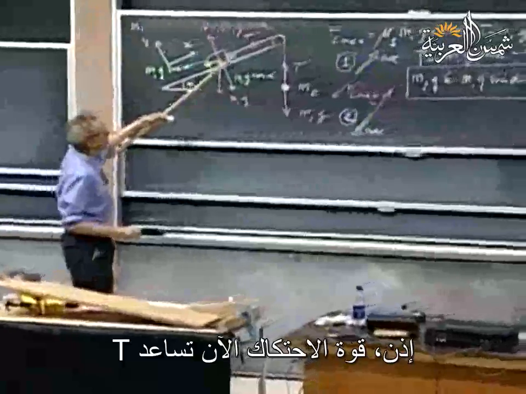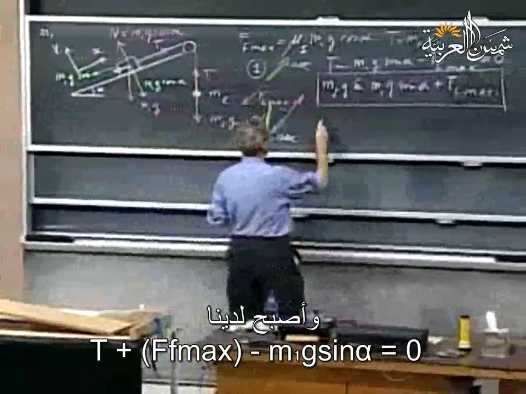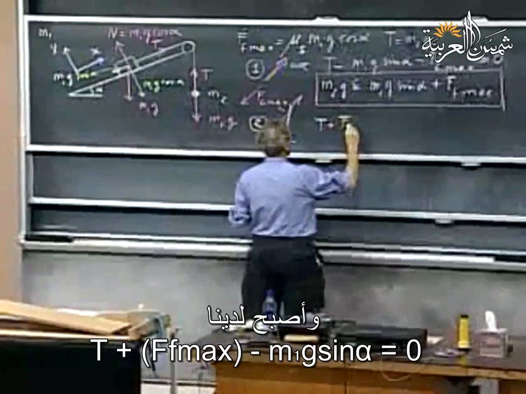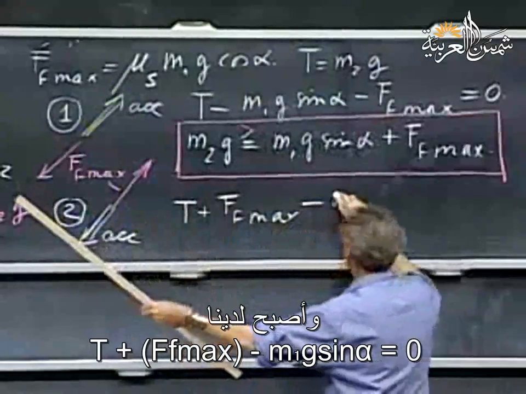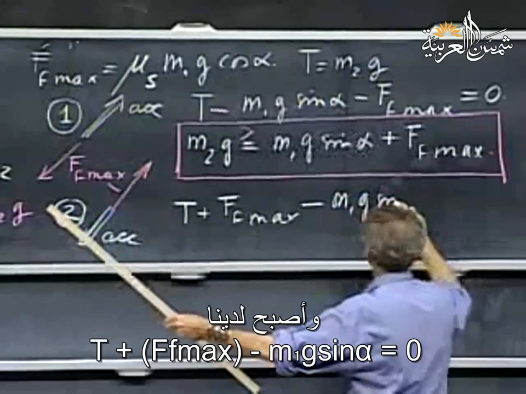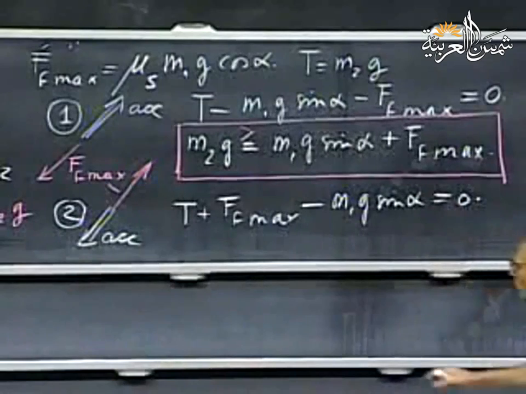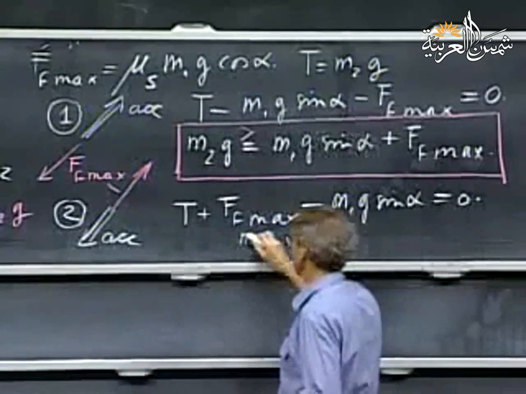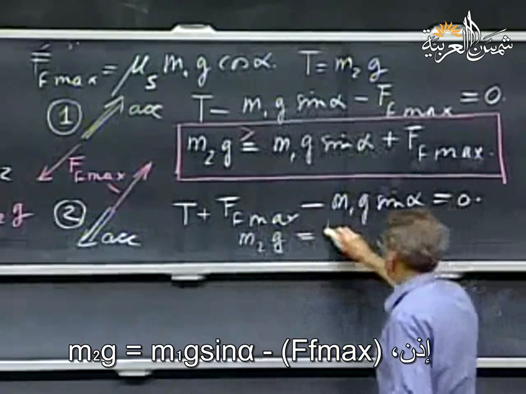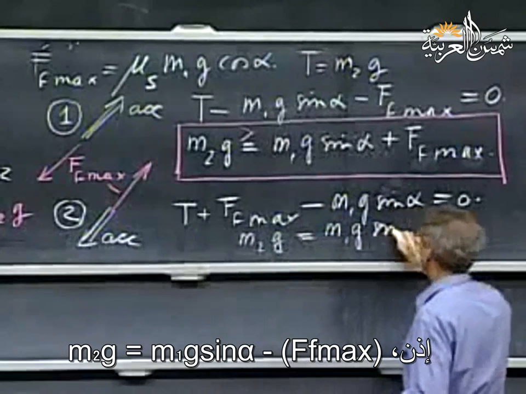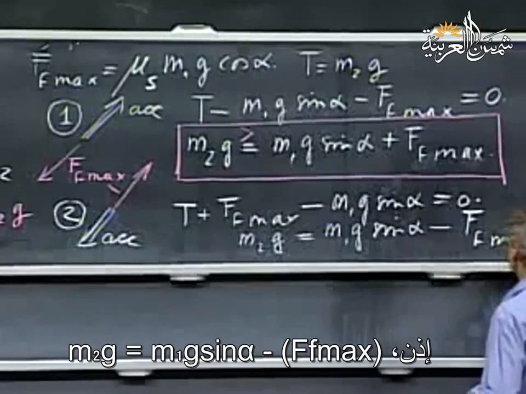So the frictional force is now helping T. So now we get T plus f max minus m1g sine alpha equals 0. We know that this is m2g. So m2g equals m1g sine alpha minus f max.